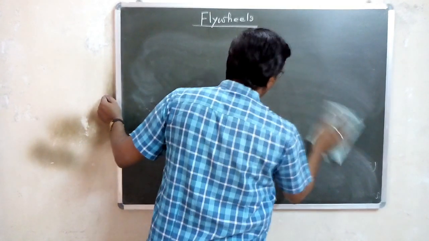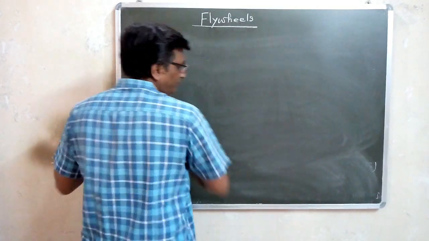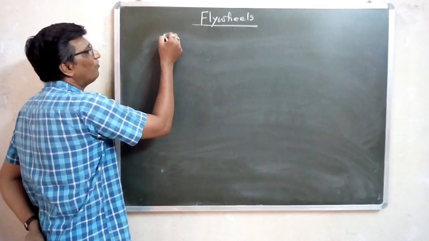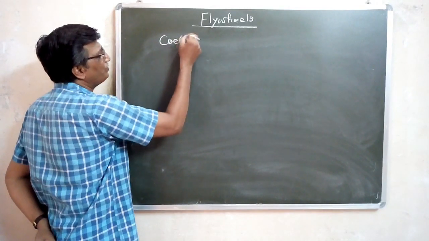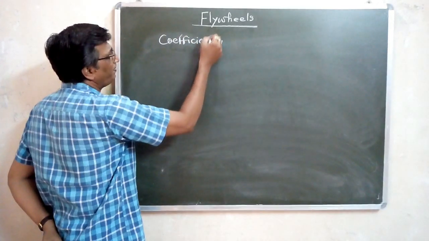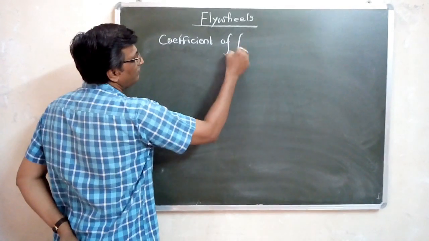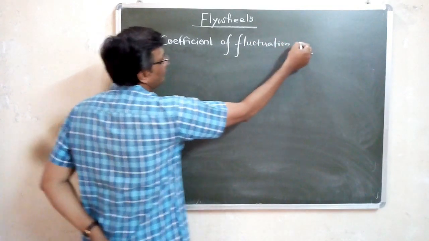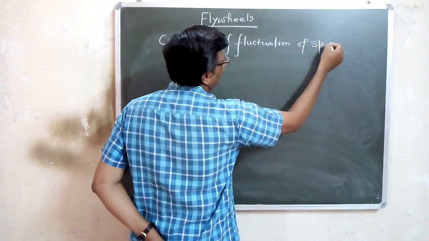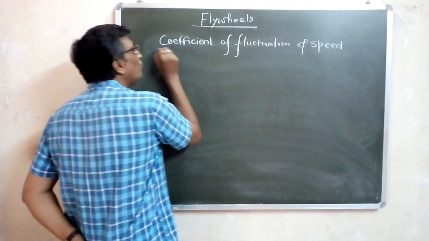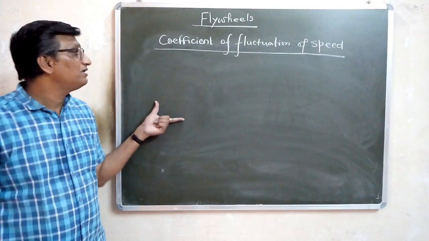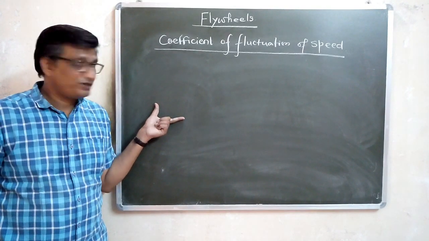So now let us say what is the coefficient of fluctuation of speed. Now we already know what is the fluctuation of speed. Already we have discussed how the speed gets fluctuated.